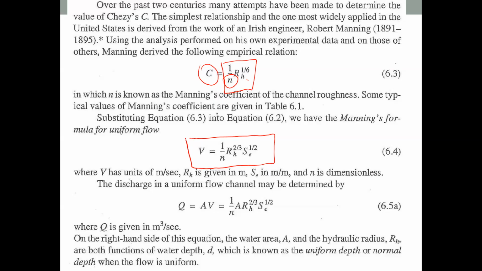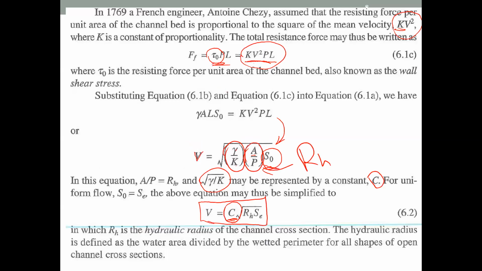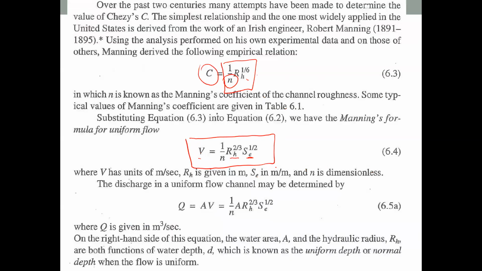So now this V we can write in terms of the hydraulic radius and S naught. In the original equation, we have the S naught. But if you are talking about uniform flow, we know that the slope of the channel bed is equal to the slope of the EGL line, so we can write it like this, SE, that is the slope of the EGL line. Now this is the average velocity. Again, we know that Q is equal to AV.